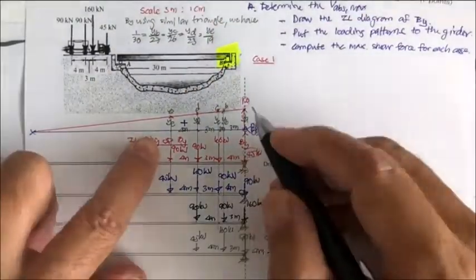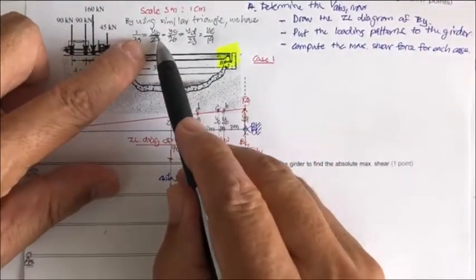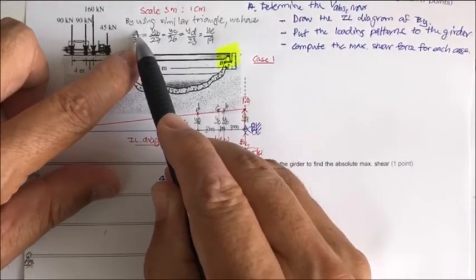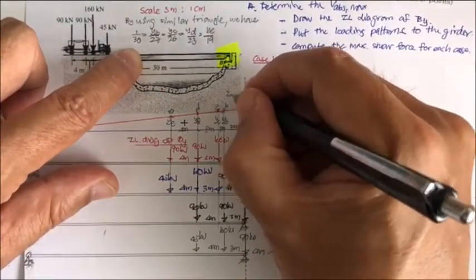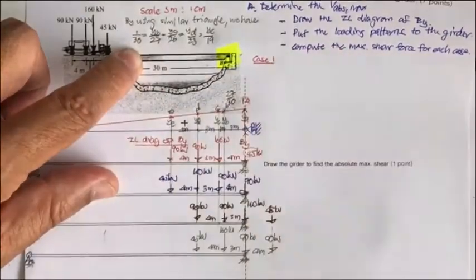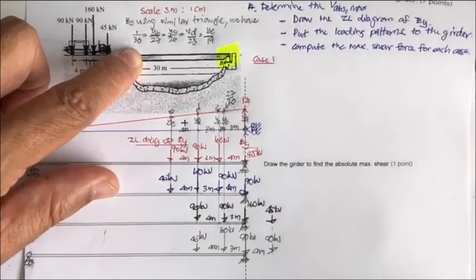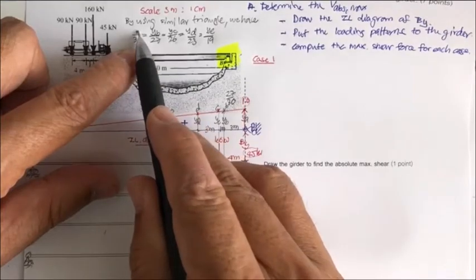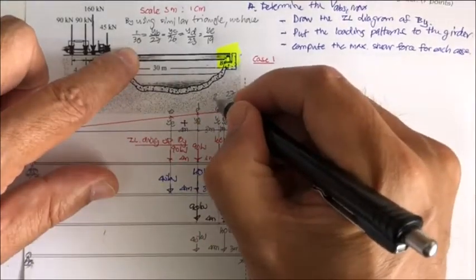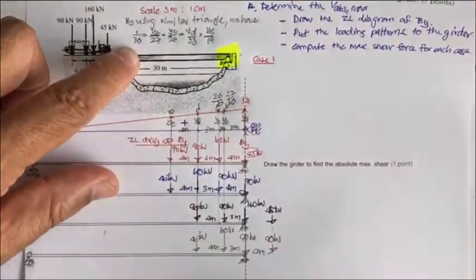By doing this, you can compute y sub b equal to 27 divided by 30. The next one is going to be 26 divided by 30.